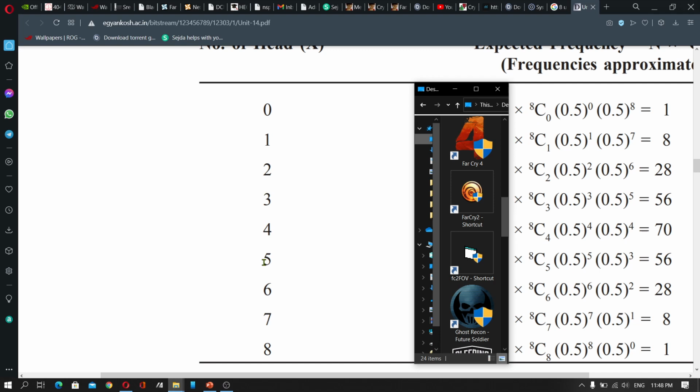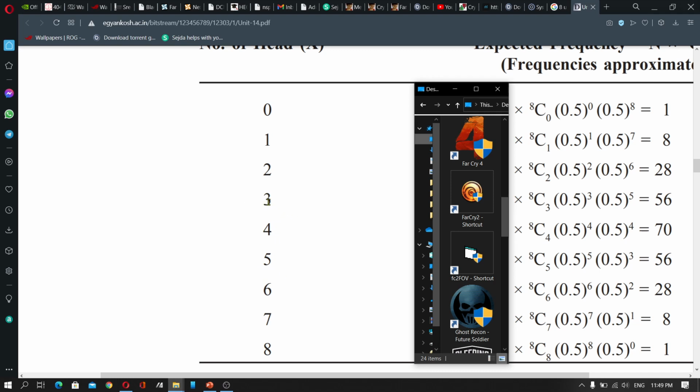So what is the probability that you are getting heads? You might get 3 heads, or 4 heads, or 5 heads. So 3 or 4 or 5.